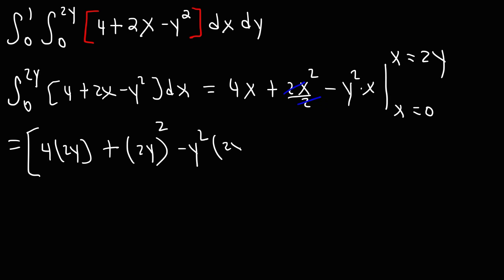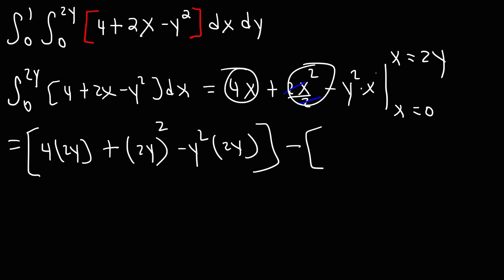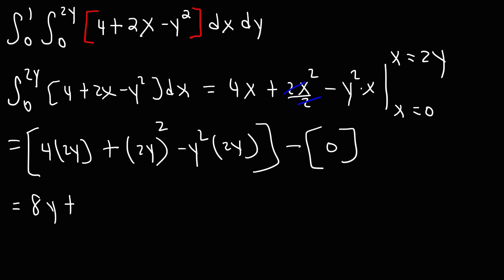Replace x with 2y. And then once we plug in 0, every term here will equal 0. So I'm just going to put 0 inside this bracket. So we're going to get 8y plus 2y squared is 4y squared. And then y squared times 2y, that's 2y to the third. So that's the expression that we currently have.